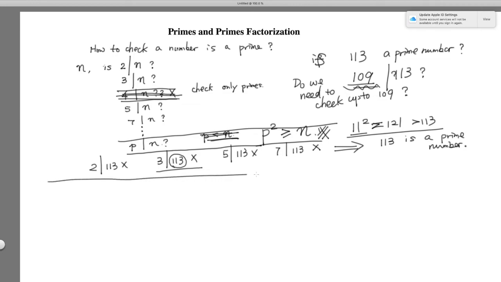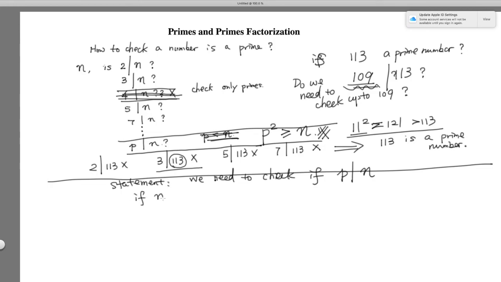So again, I want to make that statement. The statement says, to check whether a number n is prime or not, we only need to check whether a prime number p divides n, for p up to where p squared is bigger than or equal to n.